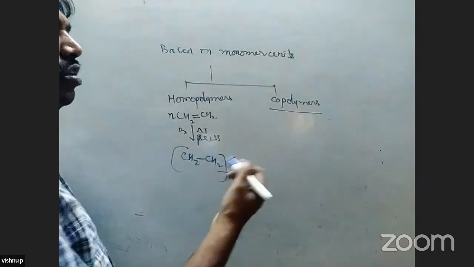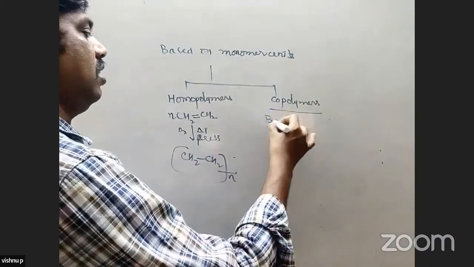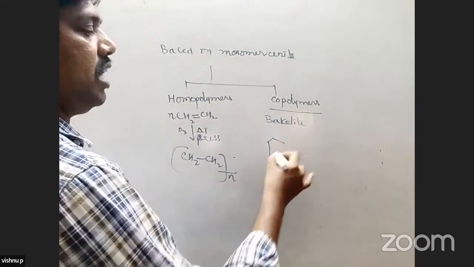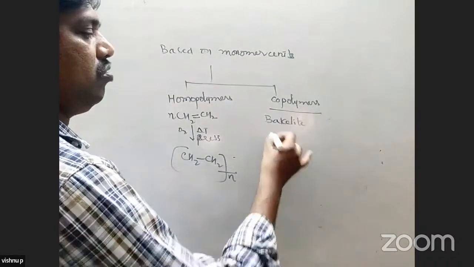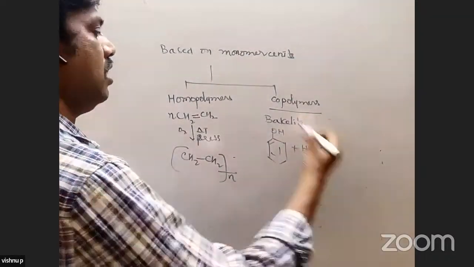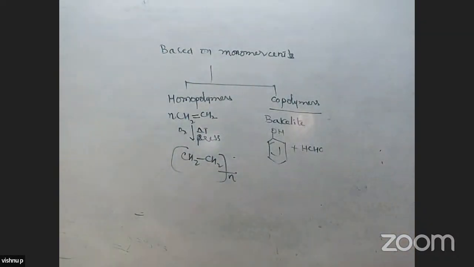Copolymers contain more than one type of monomer units. Example, bakelite. Bakelite contains 2 monomer units, phenol and formaldehyde. These are involved in the polymerization process, and in a 3-dimensional way we get the bakelite polymer.